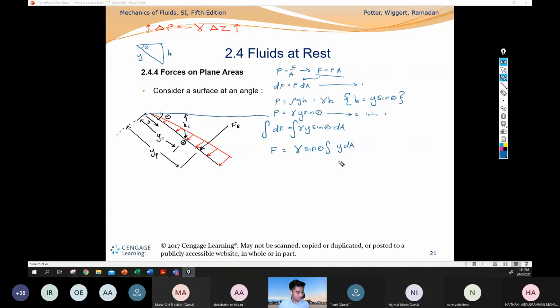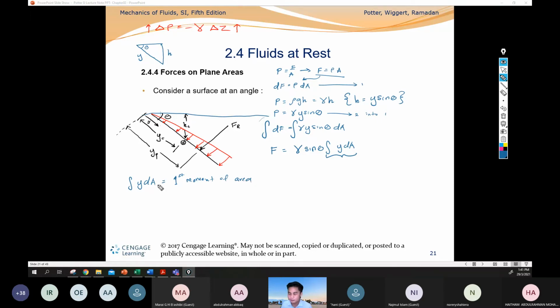Volume. Are you sure? Volume? Okay, basically, once you try to integrate this term, mathematically we have some kind of solution, which is integration of y dA is actually equal to the first moment of area.